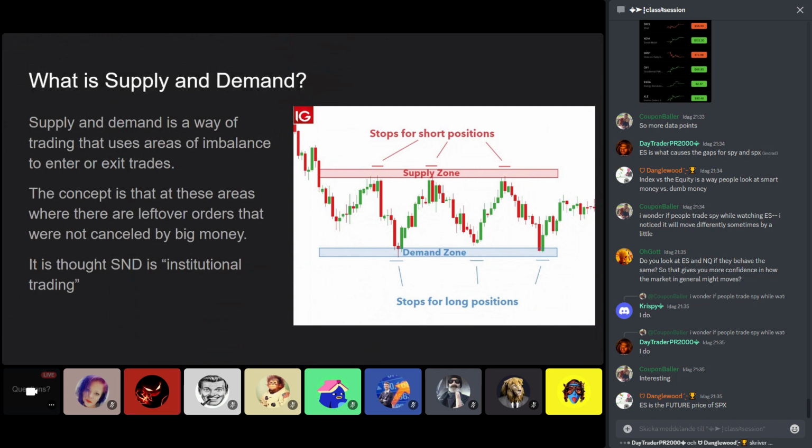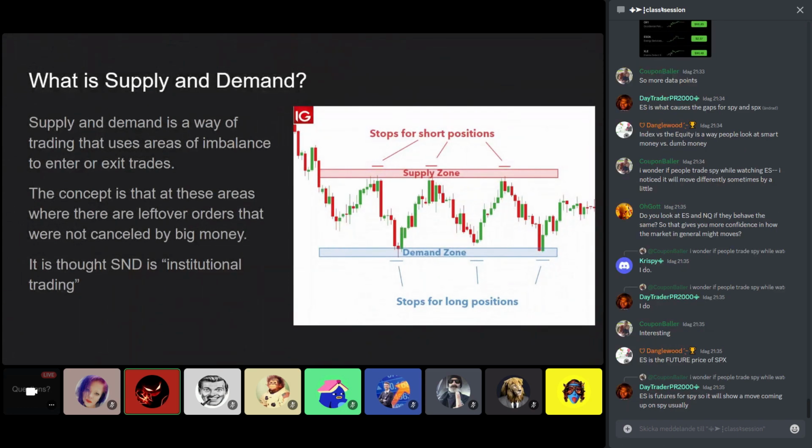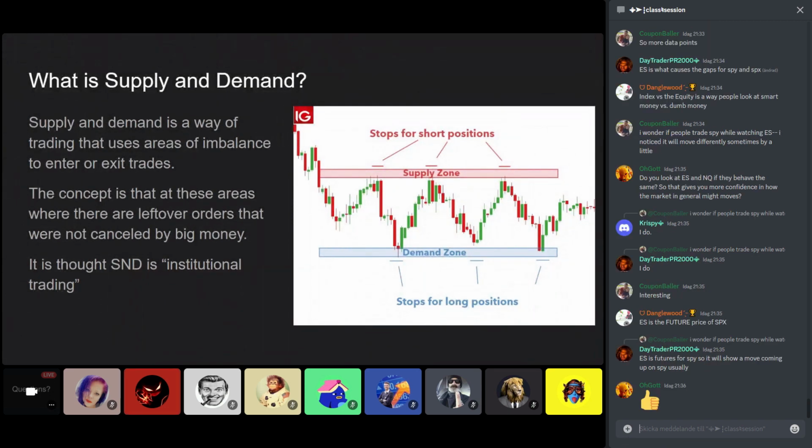So if NQ is looking weak and SPY or ES isn't showing it, that might be an indication that something isn't right. Are we going to reverse in ES, or is NQ about to reverse? So you want to look at both, and if these two are moving in different directions, there's probably something about to happen.